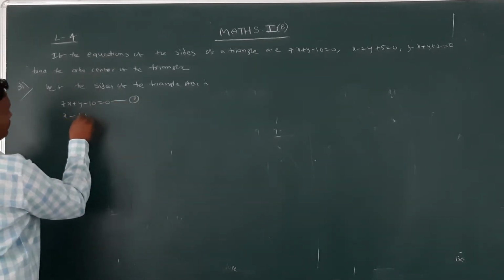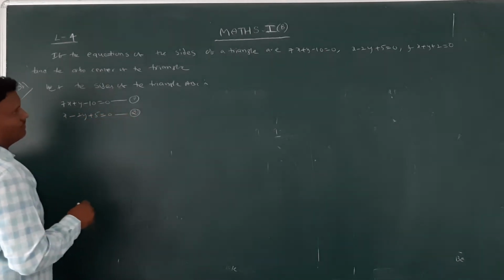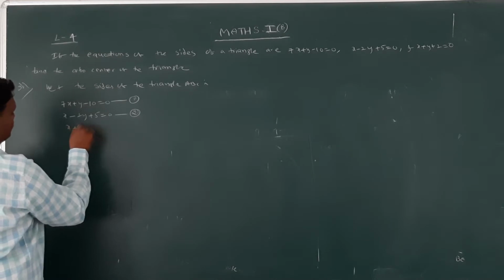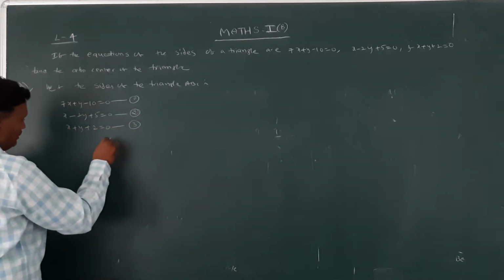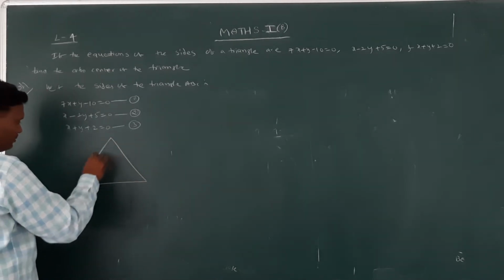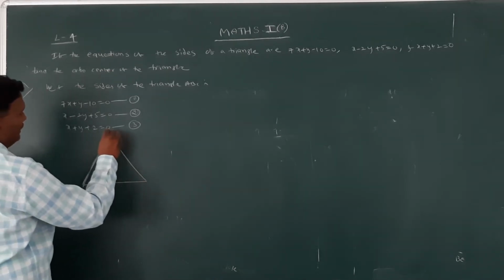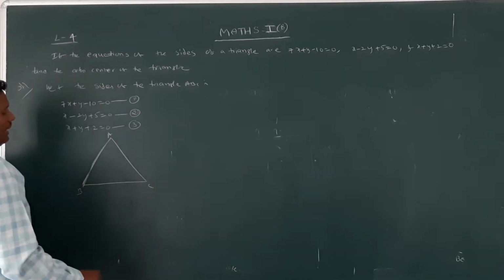X minus 2y plus 5 is equal to 0, equation number 2. X plus y plus 2 is equal to 0, equation number 3. First we find the vertices of the triangle.